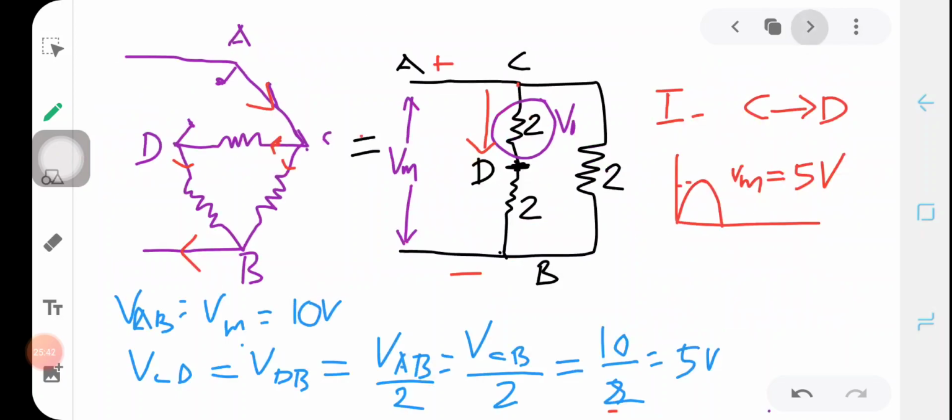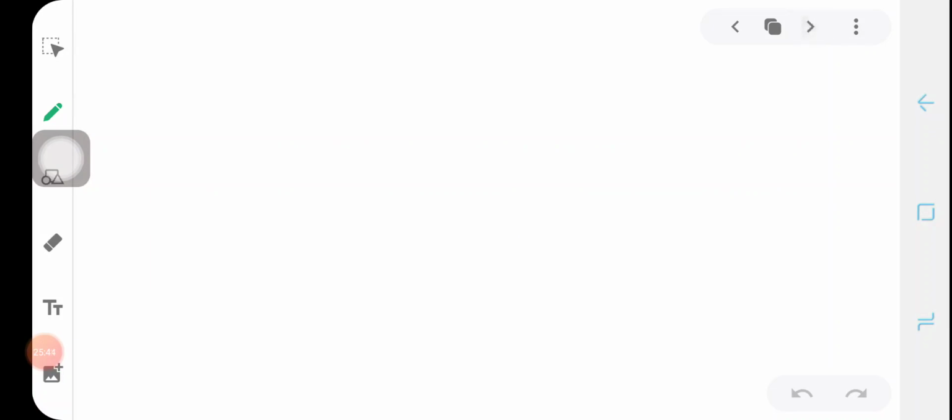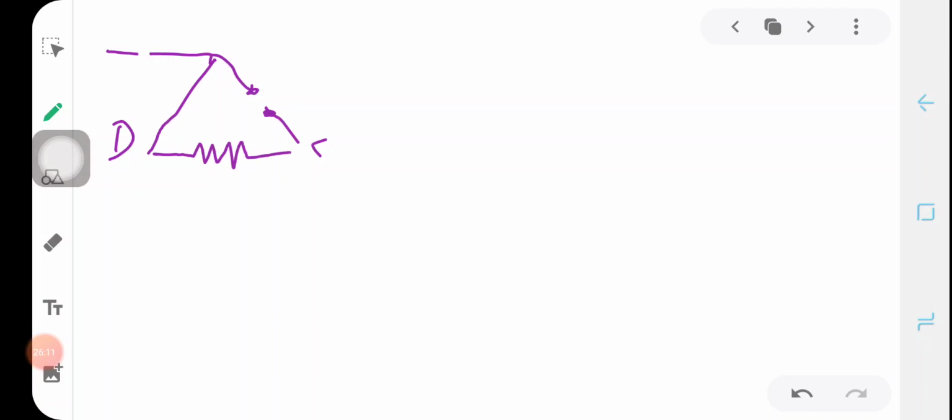So let's draw the equivalent circuit here. Here we have A. At A, the diode D1 position is open and D2 is short. This is C and this is the node D, across which we have the load resistance, and the node B is here.